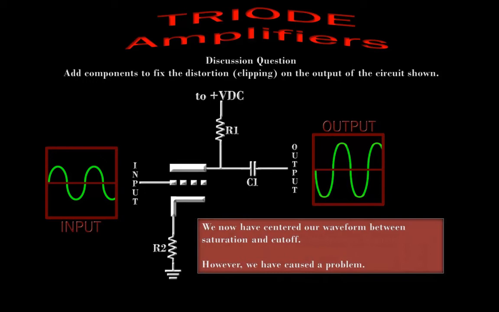So how are we going to do that? We have current flow going from the cathode down to ground. We have current flow, we want to create a voltage, we use a resistor. So in that current path we now have a resistor. Current's flowing through this resistor, creating a voltage drop. The bottom of the resistor is at 0 volts.